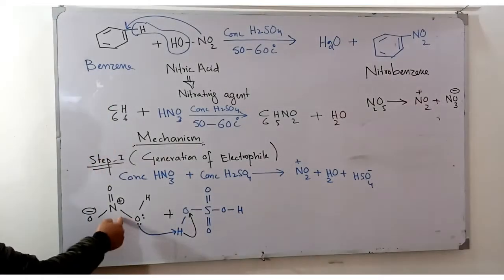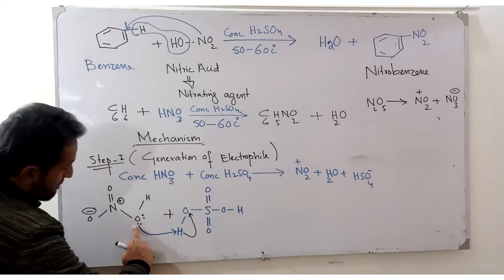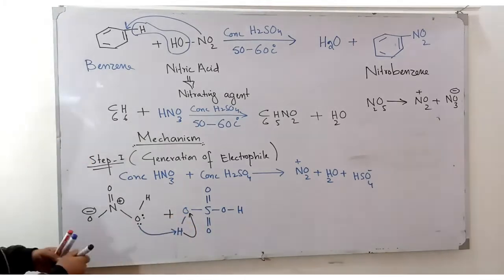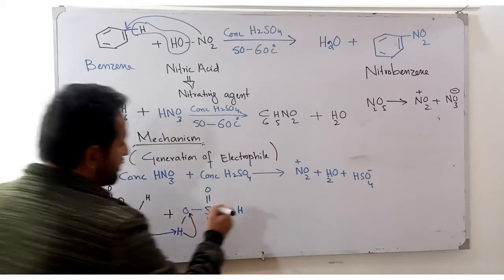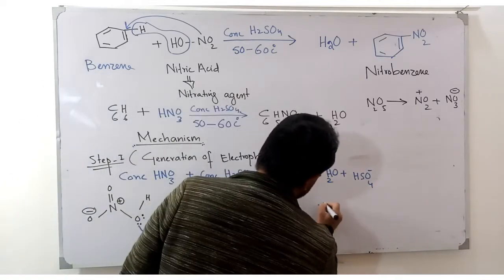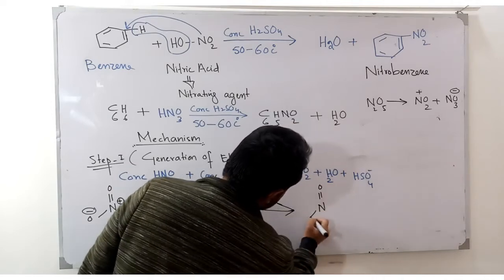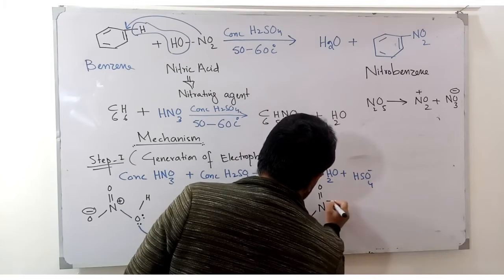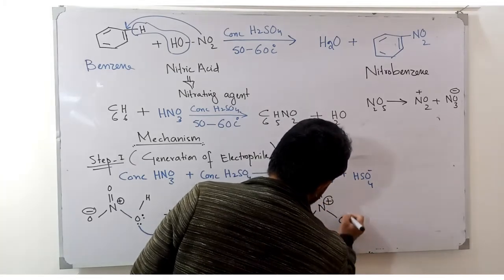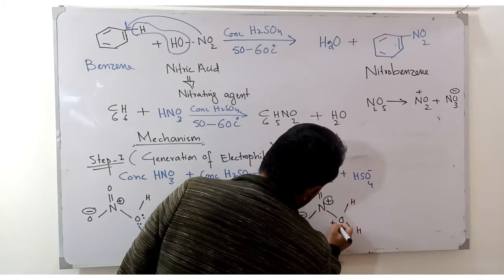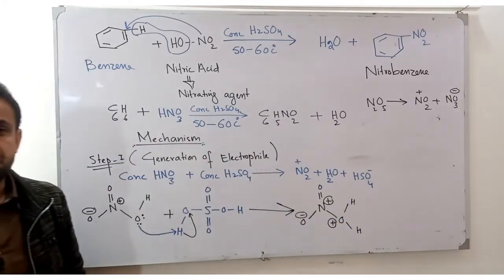So how is this formed? This lone pair will attack this proton, and this will give its electron to the oxygen. Now this product will be formed. Look at this: nitrogen double bond oxygen, here negative charge, nitrogen, positive charge, oxygen, hydrogen, hydrogen. Now there is a positive charge on this oxygen atom.